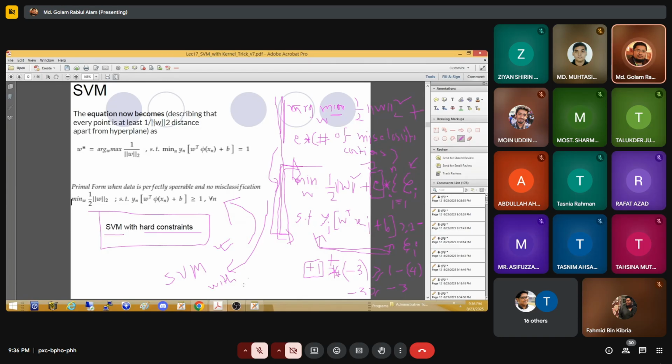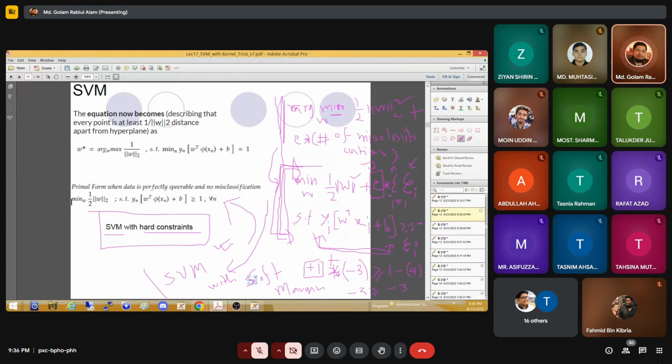And why is it called soft margin? Sometimes we also call this one the SVM in natural form.